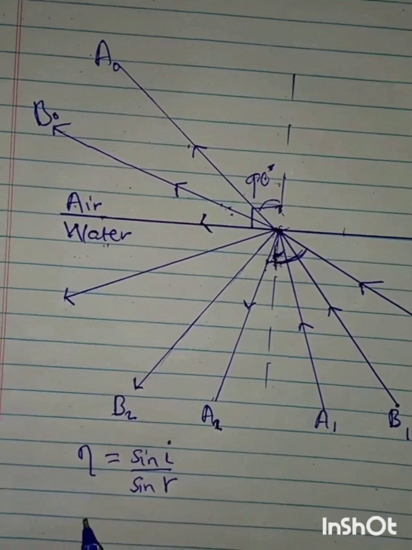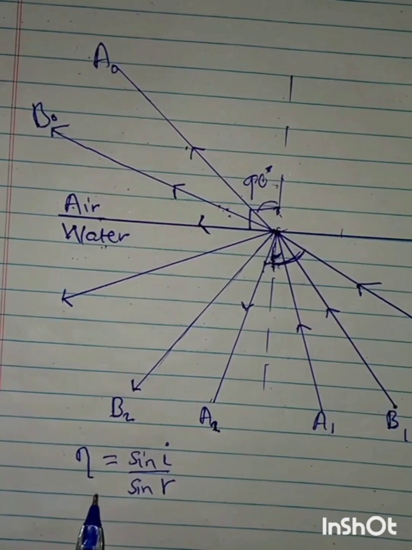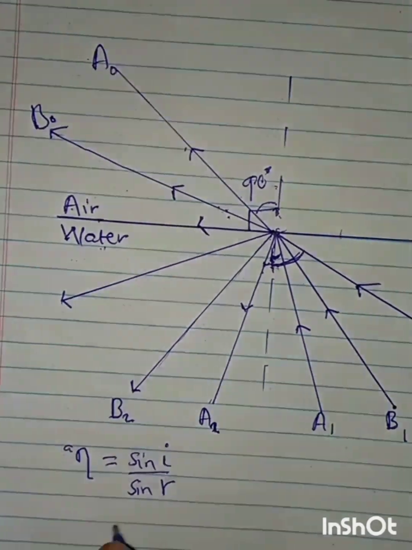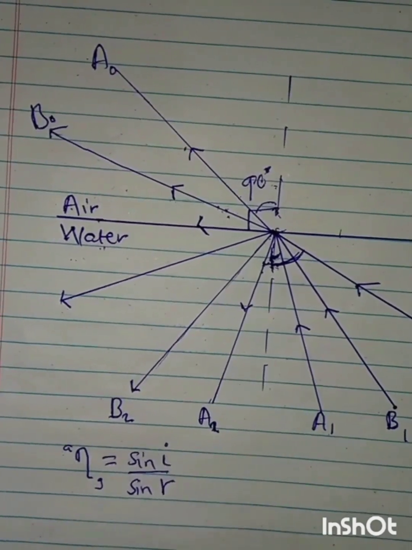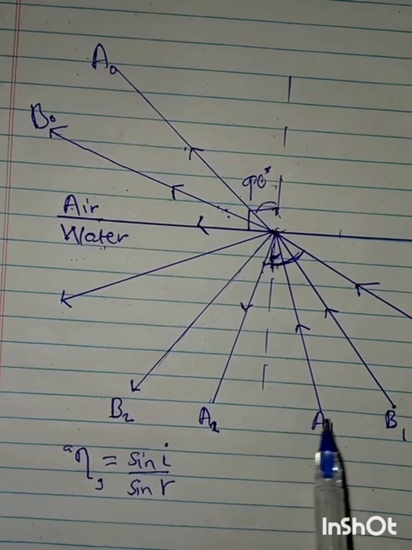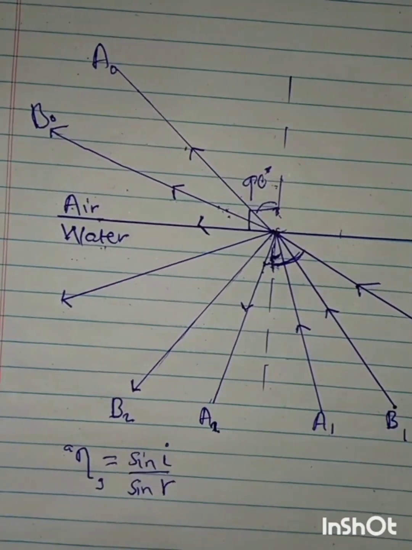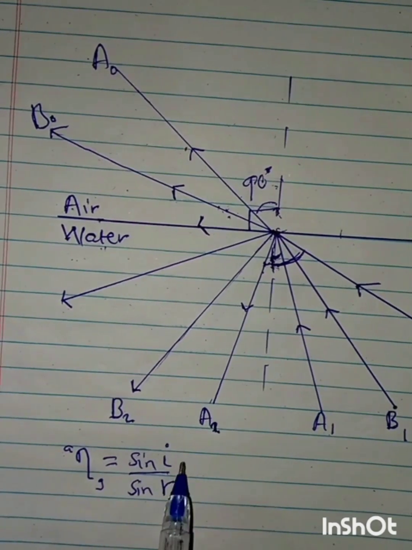This is only when the light comes from a less dense medium to a more dense medium, for example, from air to glass or from air to water. But since it is total internal reflection, here the ray of light is coming from a more dense medium to a less dense medium, and this formula should be reversed.